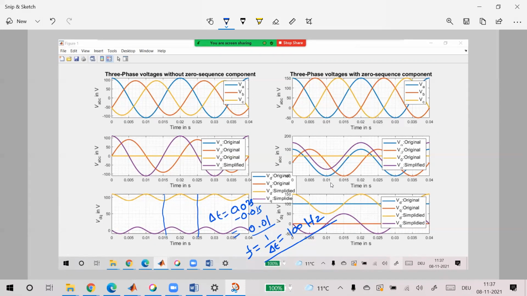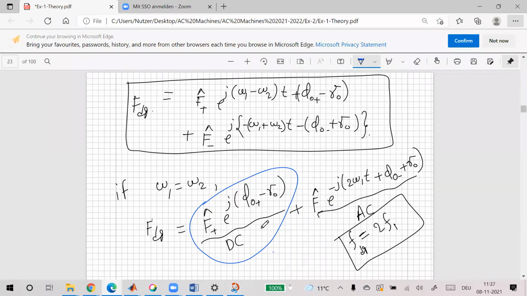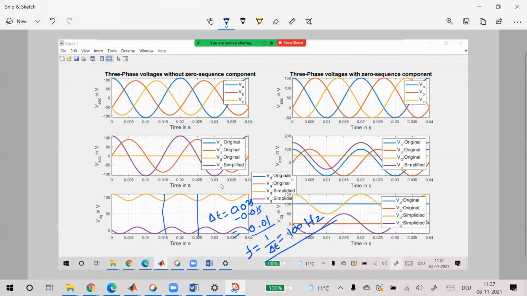And we have DC also, right? And you can find the magnitude of DC very easily. So let's do that. We have this expression for finding the DC component. So it's F cap over this. And so the DC value in DQ is F positive cap times e power j (phi naught positive minus gamma naught).